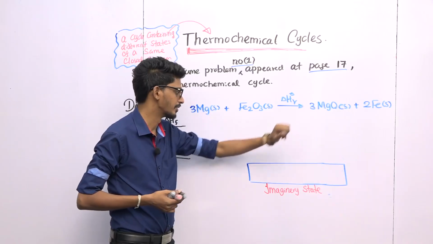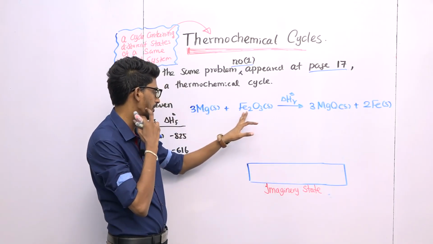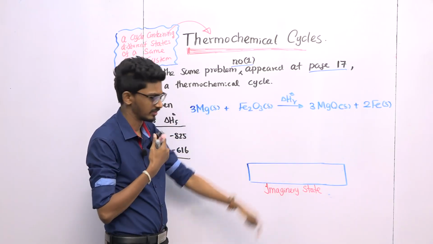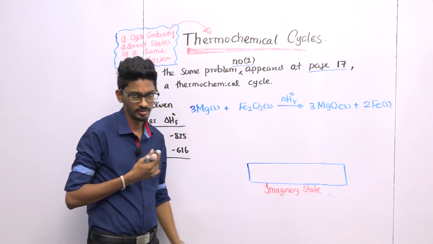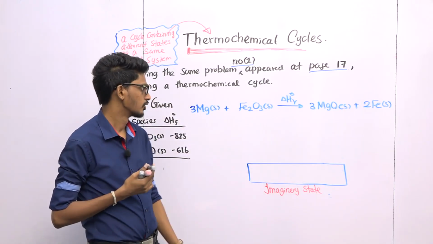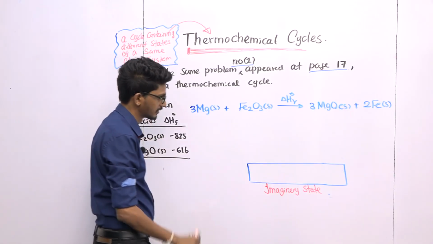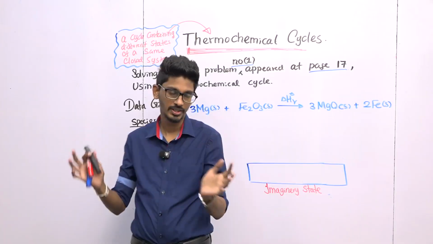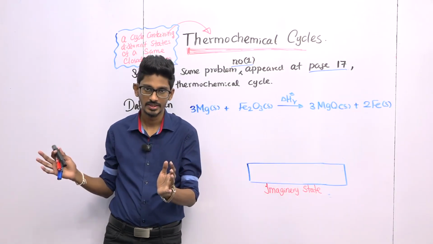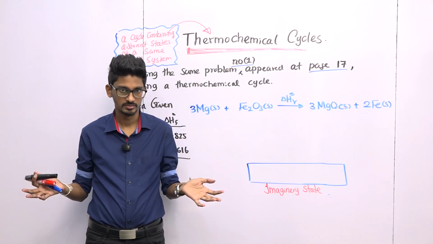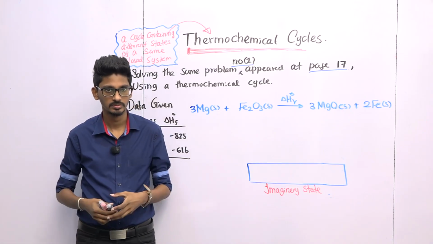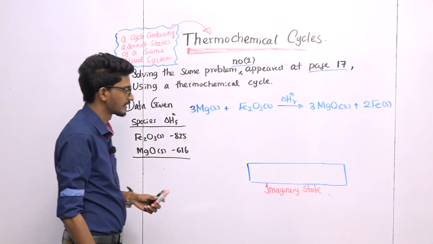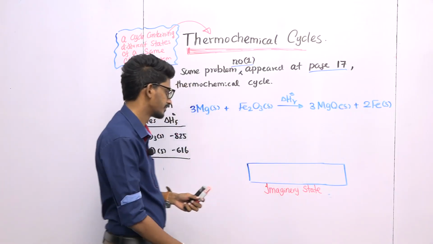Here also 3 magnesium atoms should be there, here also. Number of Fe atoms at this state should be there at the other 2 states as well. For the oxygen also the same. So mass should be conserved, keep that in mind. If you draw the cycle without mass conservation, the whole cycle is wrong. You won't get marks, 0. Right? Okay, let's try to complete the cycle.